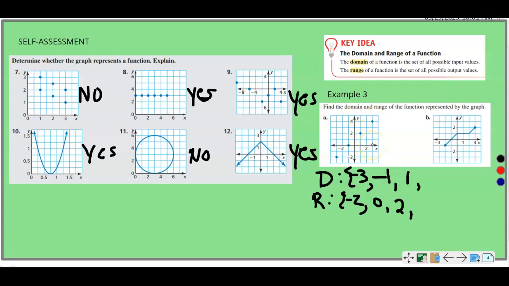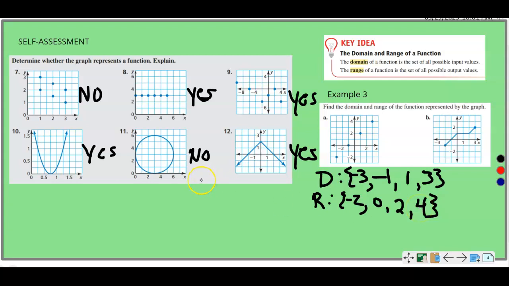So +3 and +4. So you can see that your domain is -3, -1, 1, 3. That would be the x values of each point. The range is the y values of each point. So -2, 0, 2, and 4.